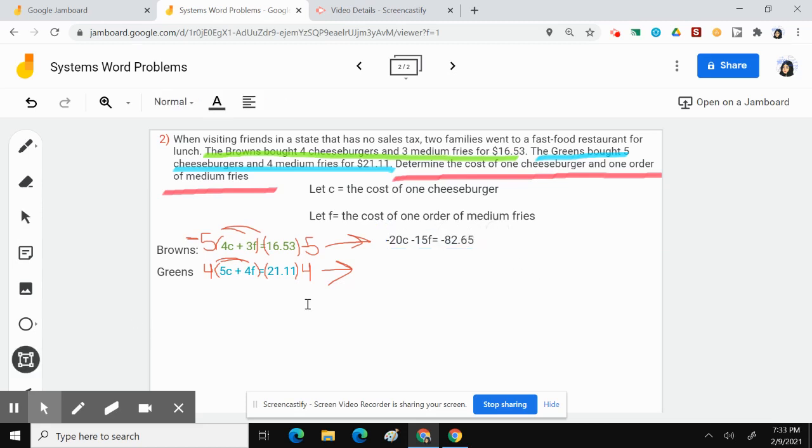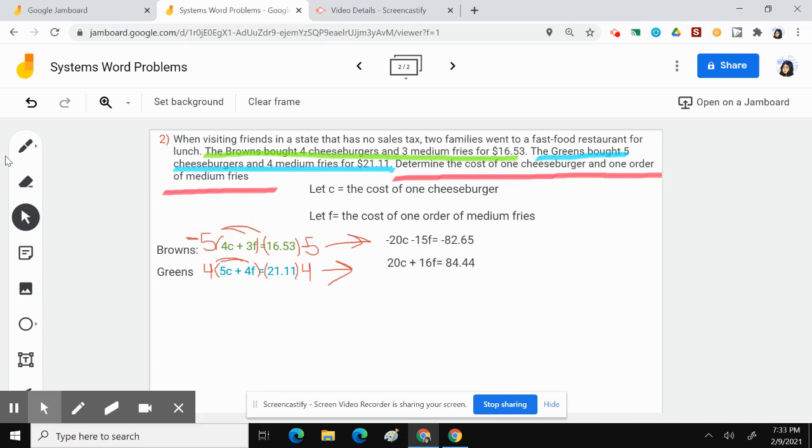I'm also going to distribute in my bottom equation. So 4 times 5C is going to be 20C. 4 times 4F is going to be 16F. And then I'm going to do 21.11 times 4, which is going to end up giving us 84.44.